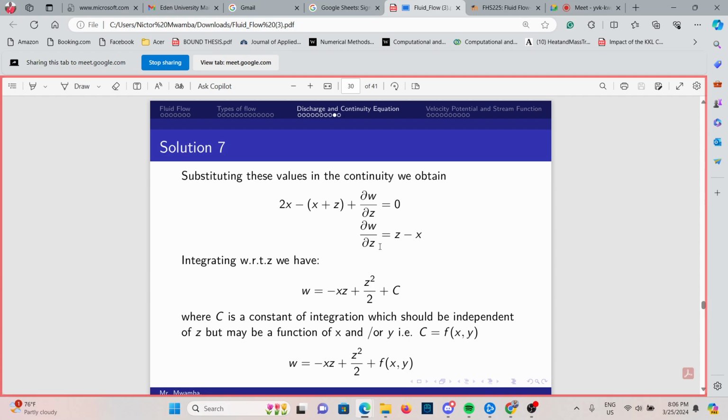This is saying the rate of change of W with respect to Z. This is not W, this is the rate of change of W. So for you to find W, you must integrate, or carry out a process known as an antiderivative, so that you find the actual W here. Okay, I understand. Thank you. Yeah, so I find the actual W.